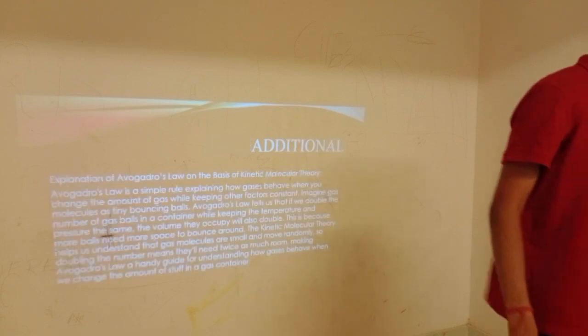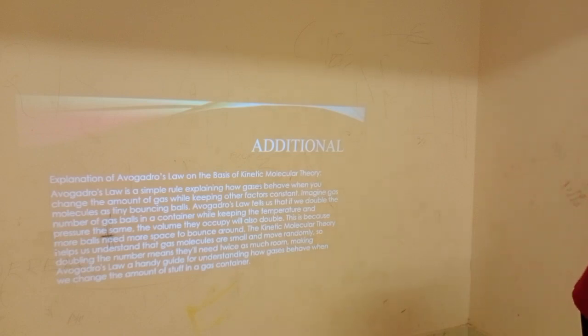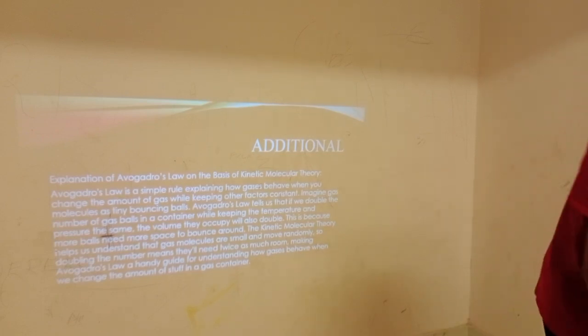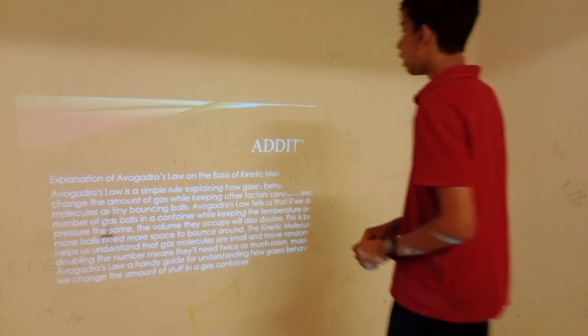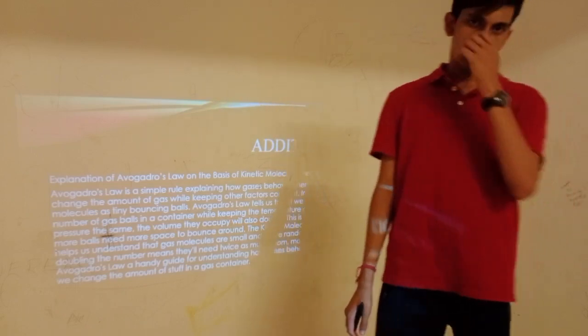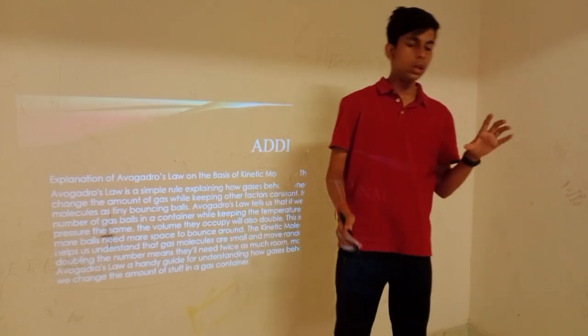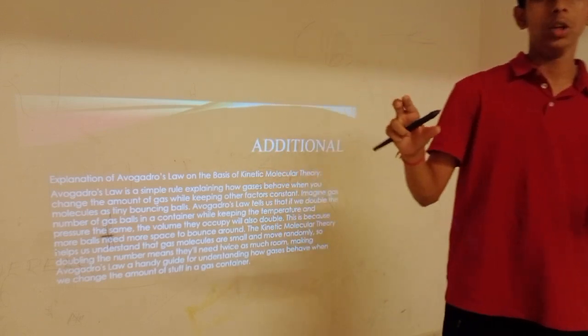Now, expression of Avogadro's law on the basis of kinetic molecular theory. Basically, let's take an example of two containers again. One container has lesser volume, the second container has more volume.